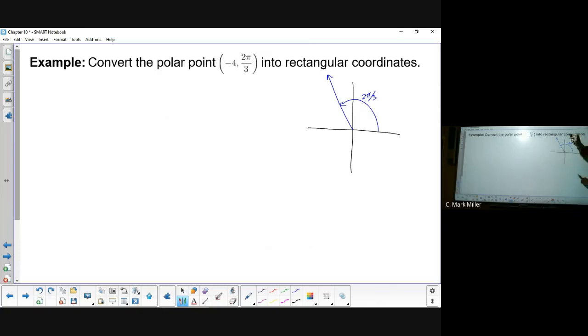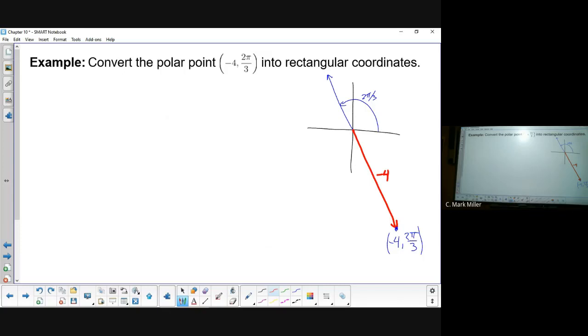But you're going to go negative 4. You're going to walk backwards. And so that is going to be like that. And so our final point is going to be down here. And so when we convert this to rectangular coordinates, we expect the x to be positive and the y to be negative.